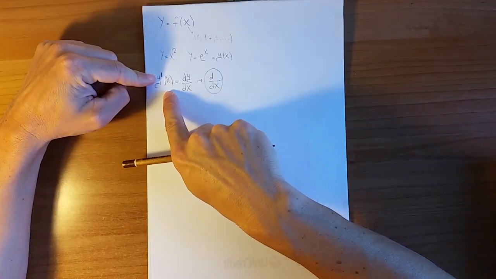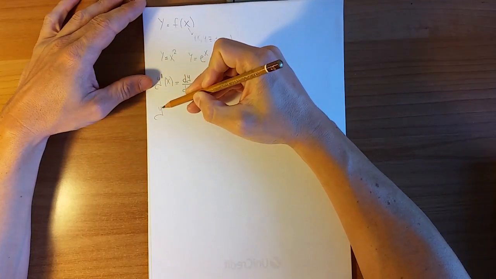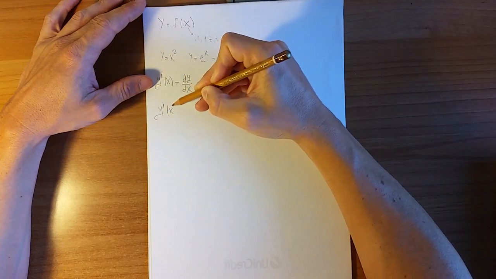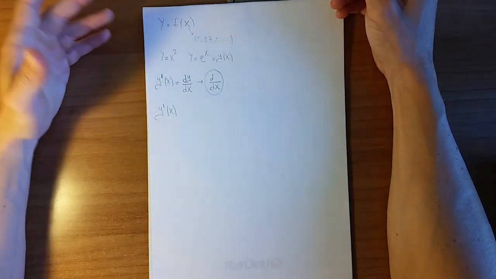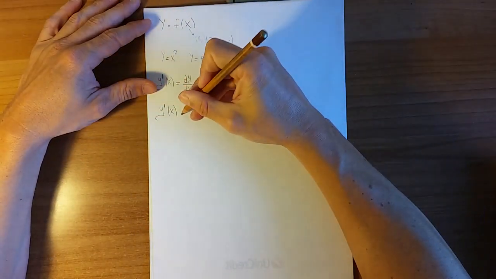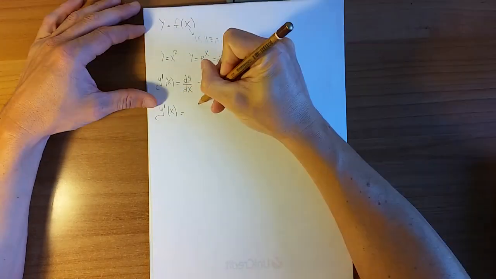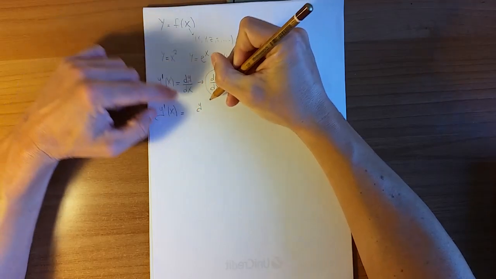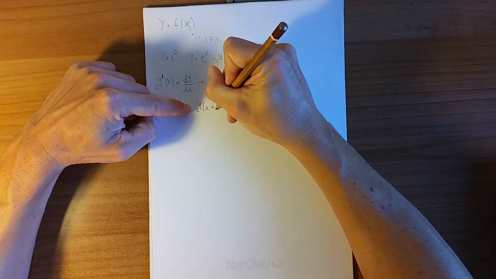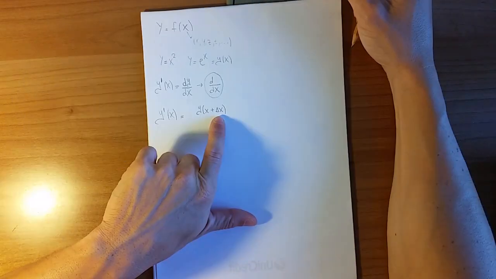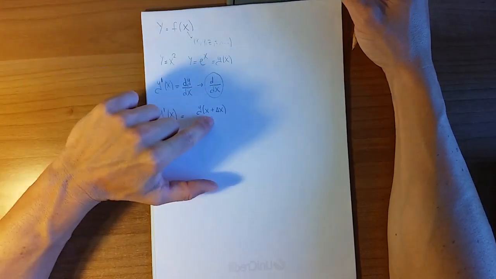It's notation, but what is in general the derivative of y with respect to x calculated at the point x? What is that? How could we define that? This is defined in the following manner. It's defined like the function y computed at the point x plus a small increment delta x. By delta x I mean a small increment of the variable x.